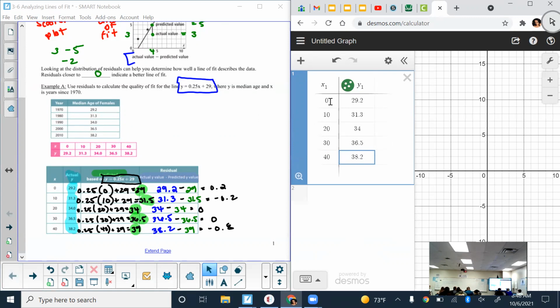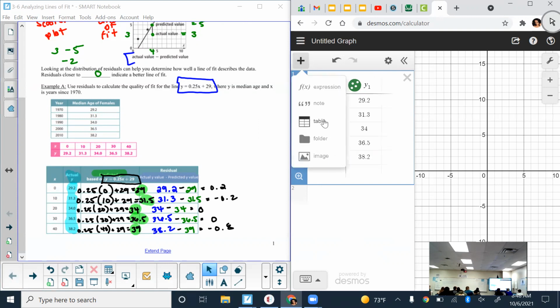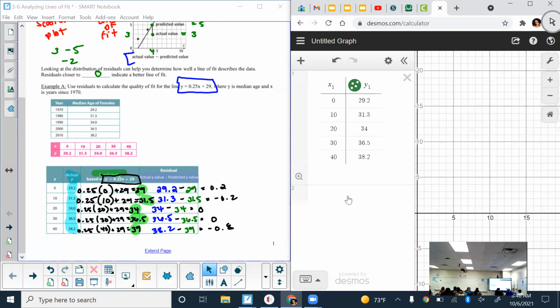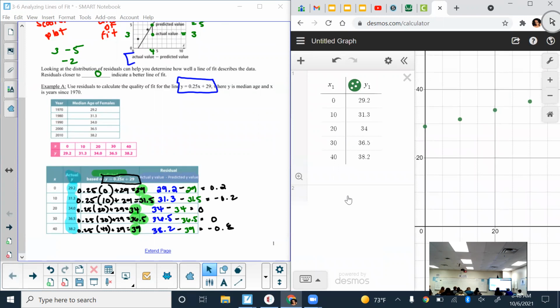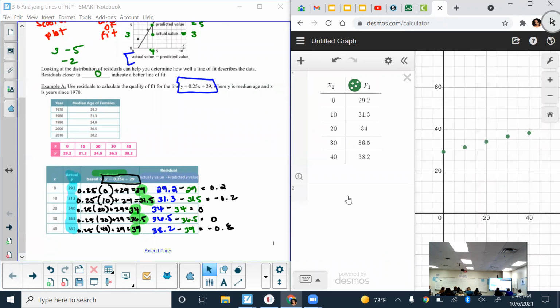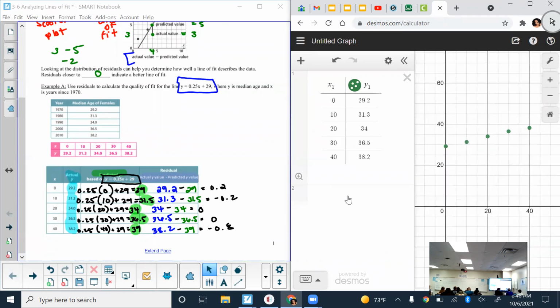All right, so again, if you missed that first part, use the plus sign, hit table, and we're just copying over the points from the problem, from our paper. Now here's the cool part. If you zoom out to where those points actually are, it makes a nice little scatter plot for you.